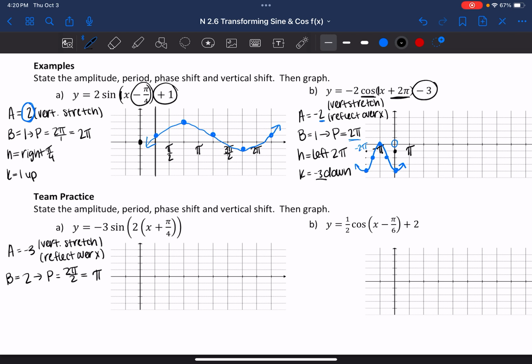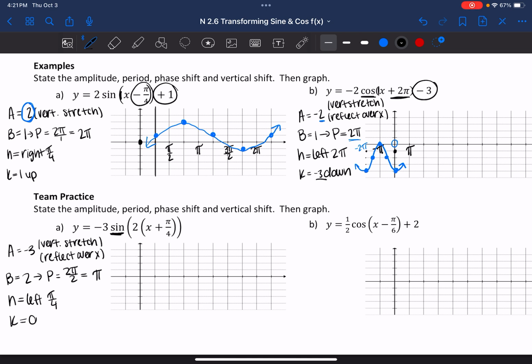So now, instead of taking course between 0 and 2 pi, it would take course between 0 and pi if no shifts were made. Okay, and then we talk about our horizontal shift, which would be my h. It says plus pi fourths. So plus pi fourths would really mean to move to the left pi fourths. And then my k value, there is not one, so I'm not moving up or down any. And this is our graph for sine.